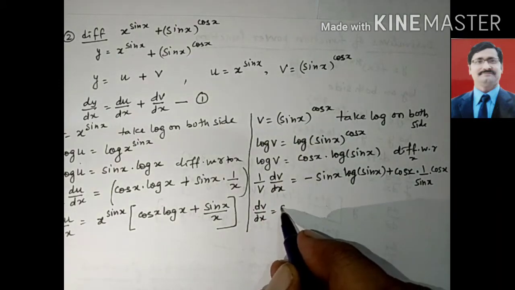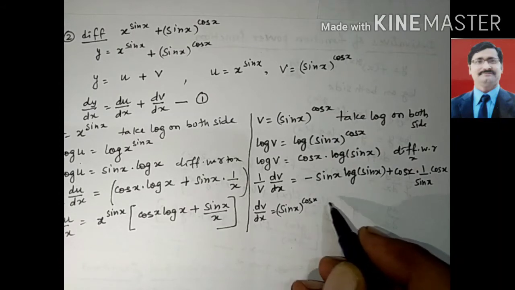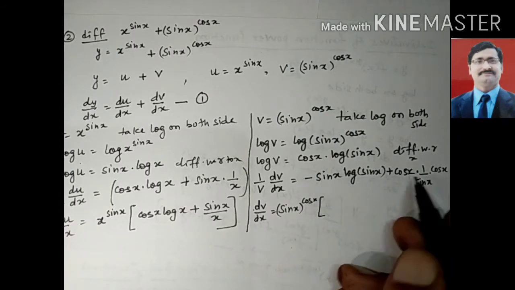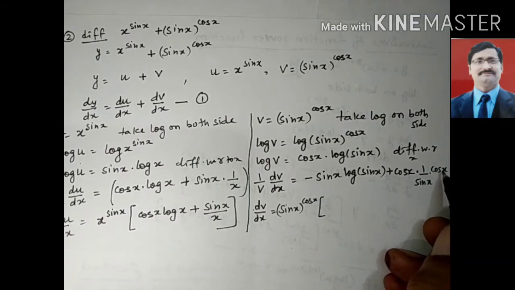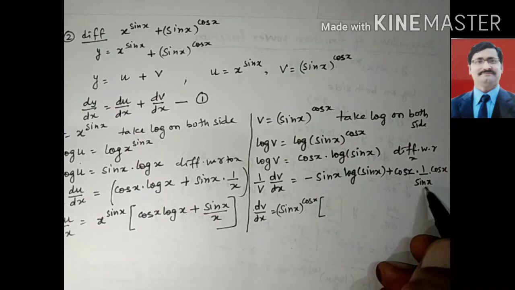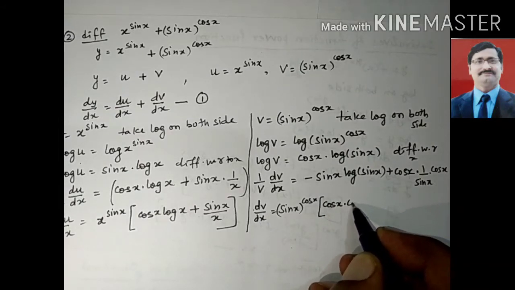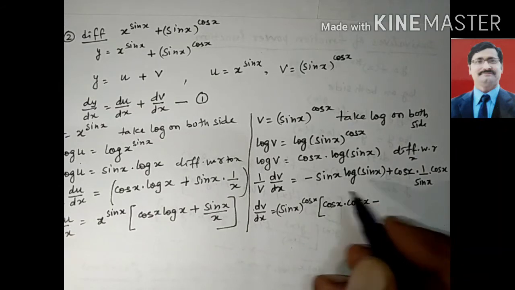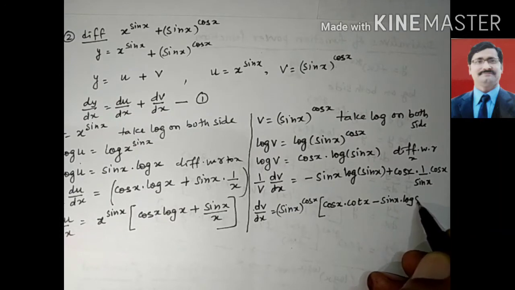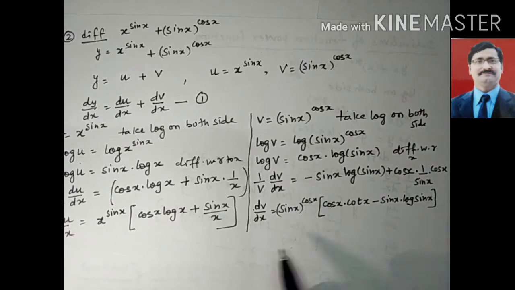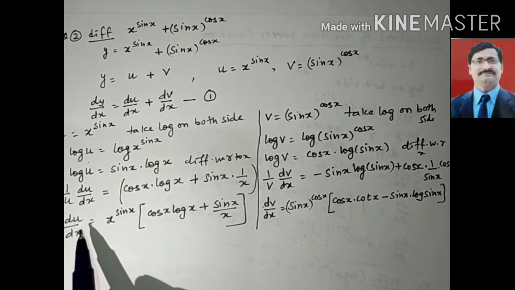V value is sin x power cos x, and you write in a proper order. First you write this part cos x, and cos x and sin x you can write as cot x. So you can write here cos x into cot x minus sin x into log sin x. So this is dv by dx we get, and here we get du by dx.